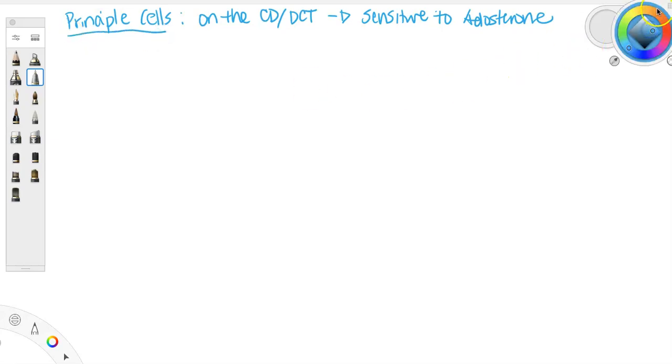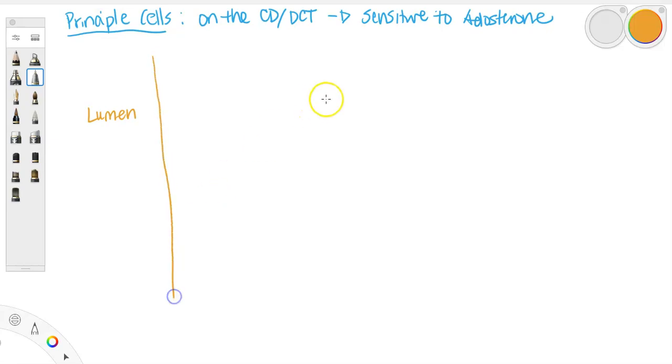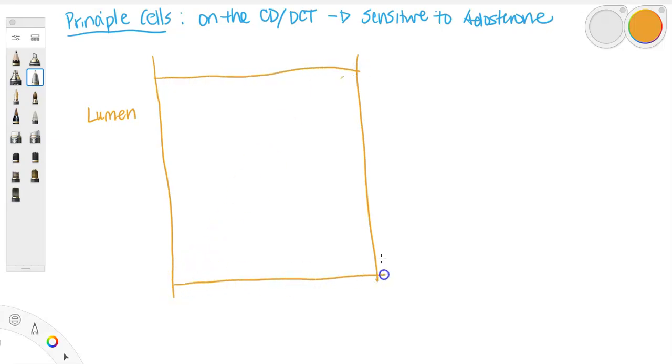Okay, so if we have our tubule, we're going to put the lumen over here, and I'm going to zoom in on a big cuboidal cell on the wall of the tubule there.